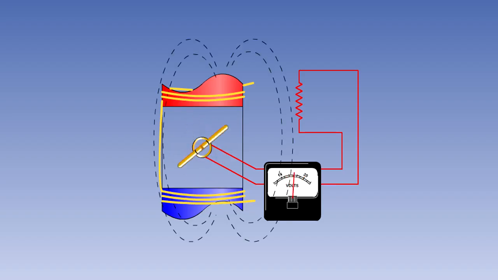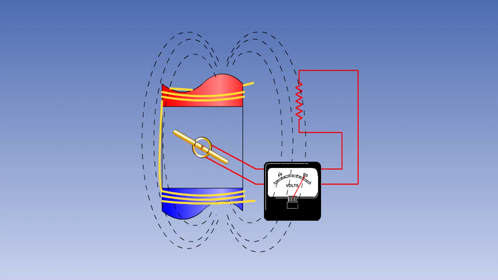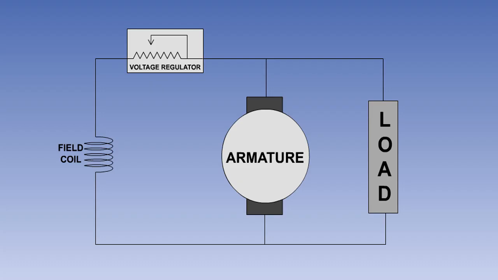The only practical method of controlling the output voltage of a DC generator or an alternator is to control the strength of its magnetic field by controlling the current flow in the shunt field coil wound around the magnetic pole pieces of the field magnet. Control of this current flow is achieved by use of a voltage regulator, which places a variable resistor in series with the shunt field coils.